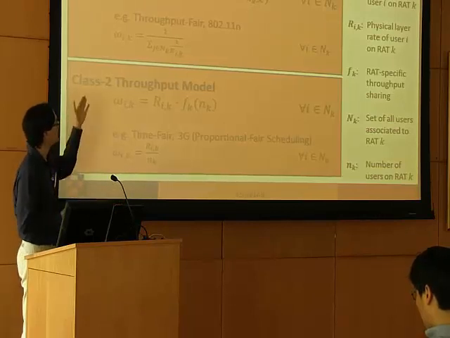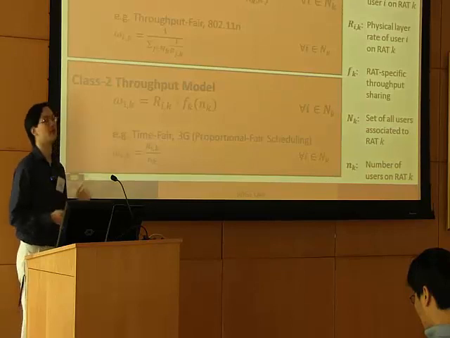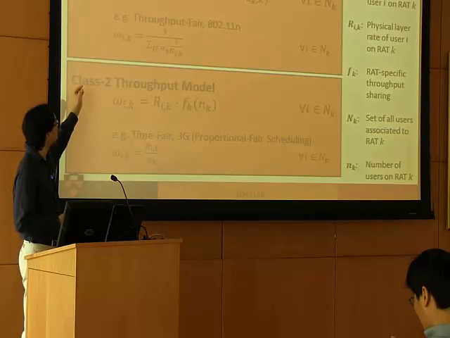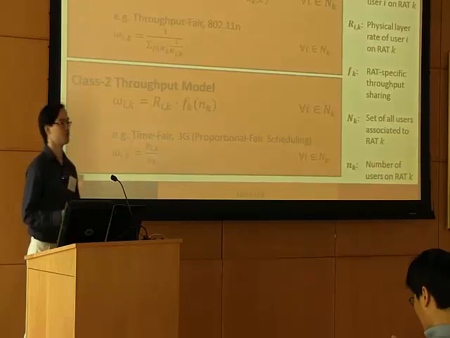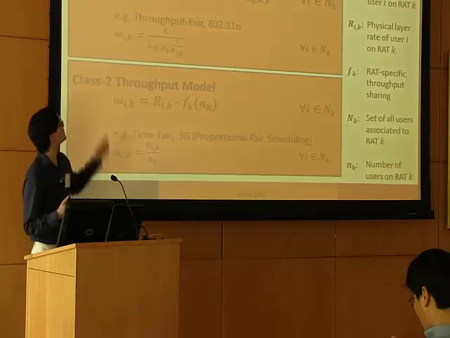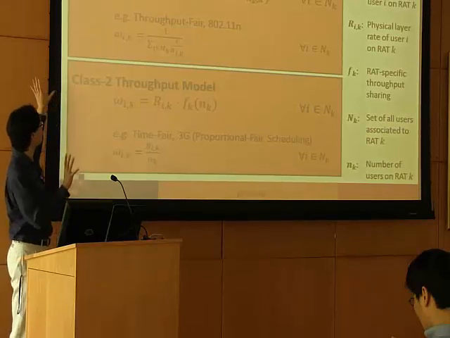Examples of this could be throughput fair models or the distributed coordination function DCF in 802.11n. And the example below is basically round robin, where each user receives time to transmit proportional to 1 over its physical layer rate. So we can sort of view that as Wi-Fi.